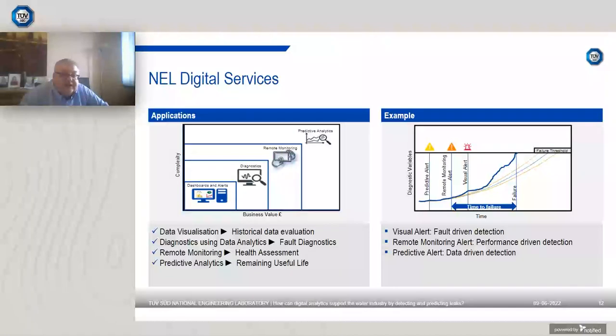Based on a huge database of testing, covering a range of different flow meters under a range of different conditions, we've developed a range of software tools to help develop things such as data visualization tools, looking at evaluating historical data, the use of flow meter diagnostic data, for the development of fault diagnostics for the flow meters. And this flow meter diagnostic data is the data that's generated by most modern flow meters in the background and is on top of the information that's generated on the actual flow itself.